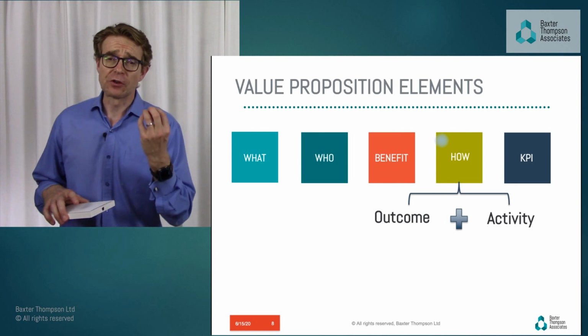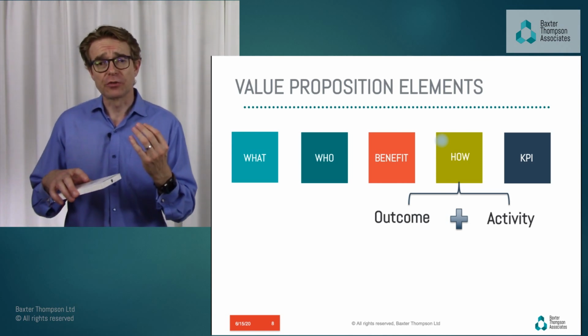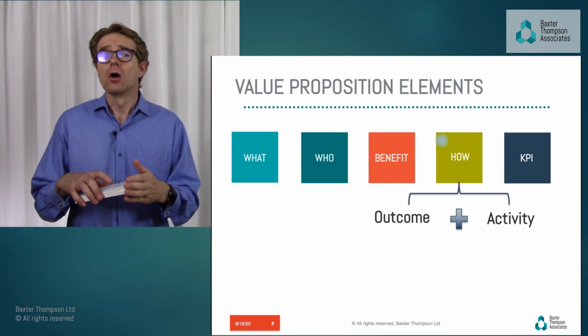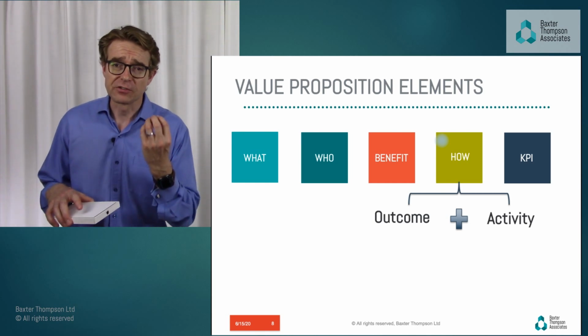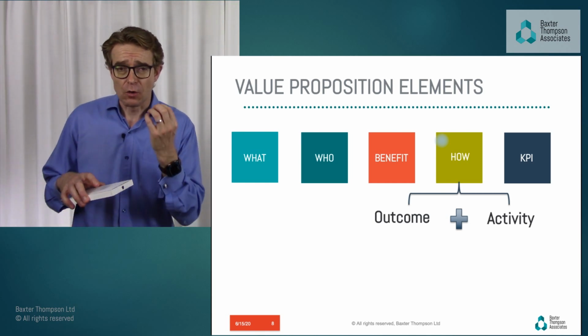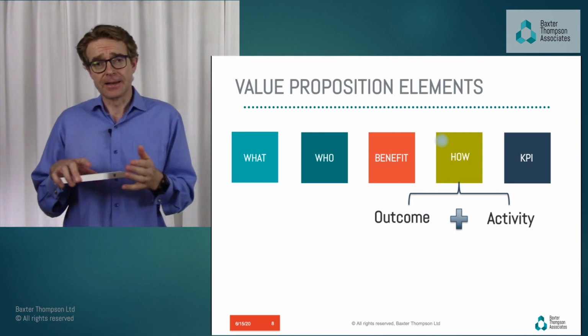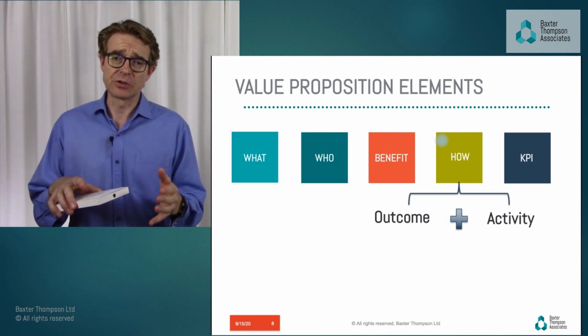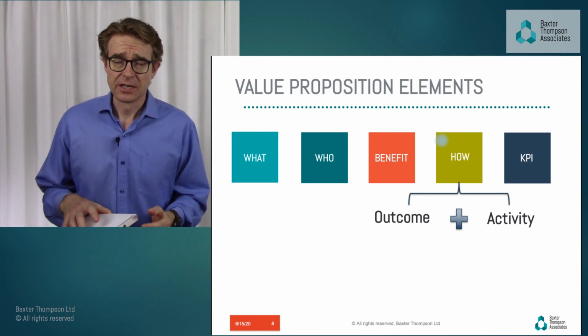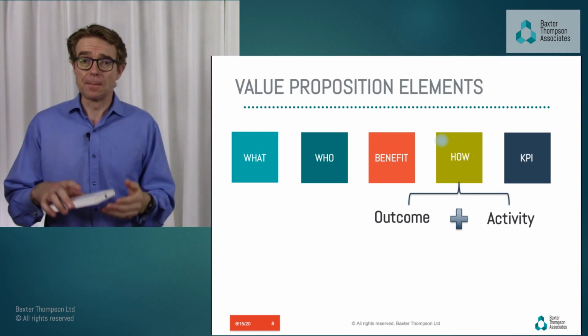Now, we focus on outcomes simply because they can be recognized by all stakeholders as being something tangible and relevant for everybody. So whilst the benefit may be specific and unique, an outcome is actually something which can be defined and measurable.